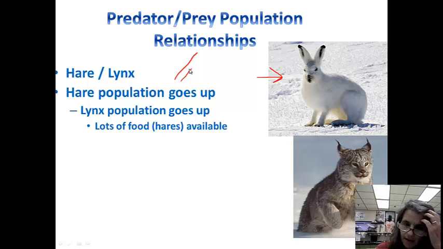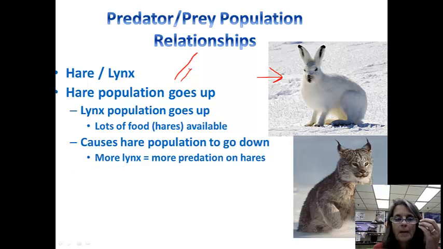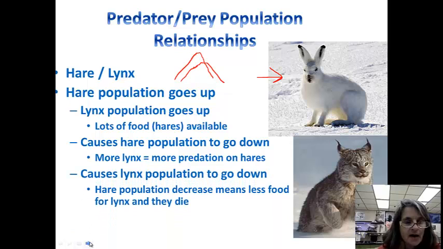Now, but perhaps our lynx population increases just a little too much because they're doing so well and overpredate on the hares. So then the hare population begins to decline. Well, since the hare population starts to decline, then so does the lynx population begin to decline because obviously there's not as much there to eat any longer.